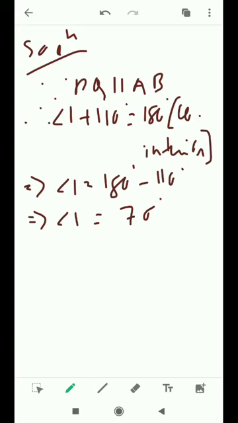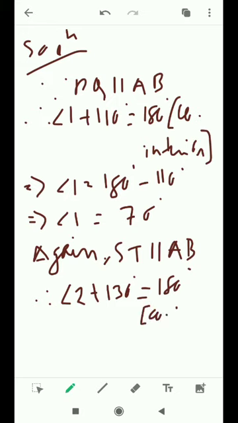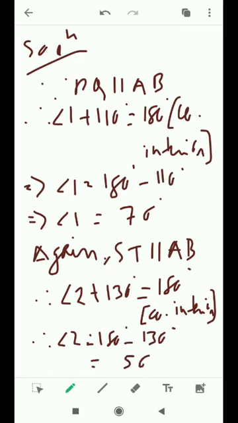Again, SC is parallel to AB also. So therefore we can write angle 2 plus 130 equal to 180. This one also co-interior. So therefore angle 2 is equal to 180 minus 130, so 50 degree.